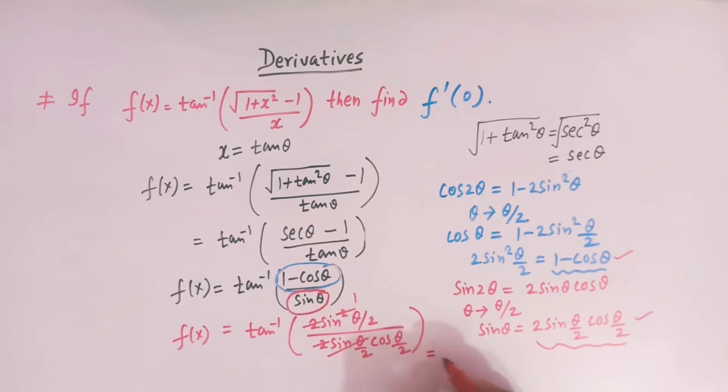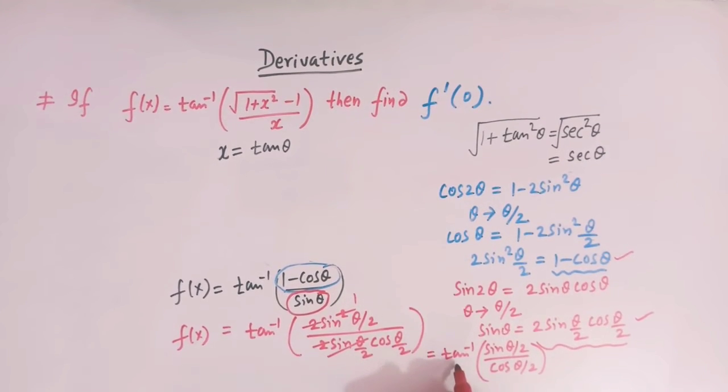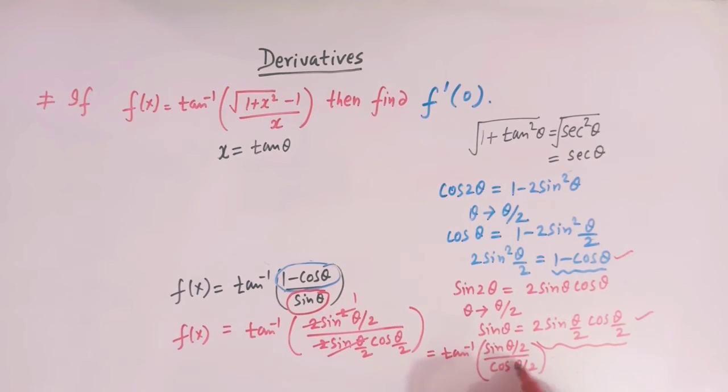So we have tan inverse of sine theta over 2 divided by cos theta over 2, which becomes tan theta over 2.